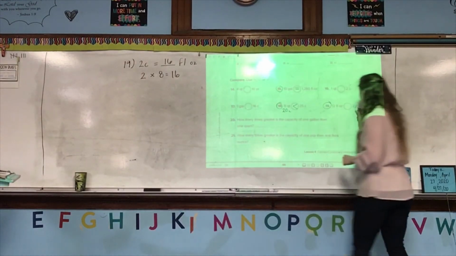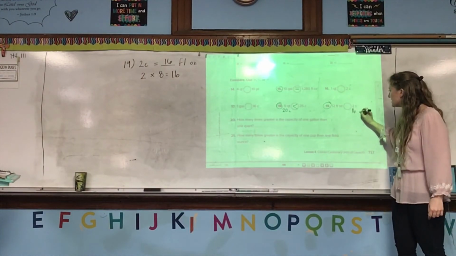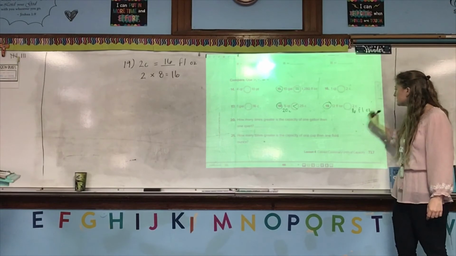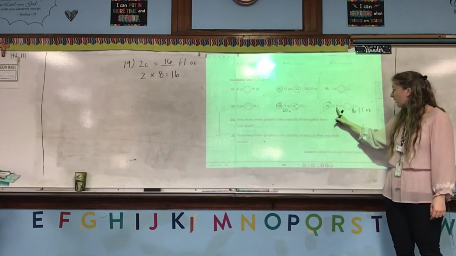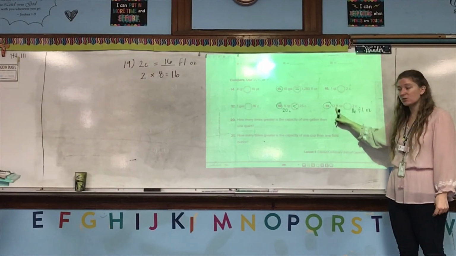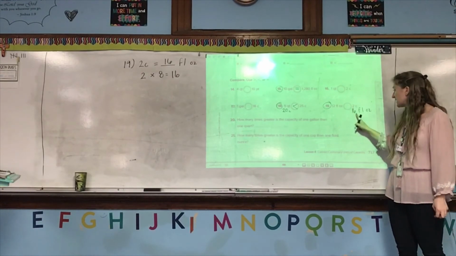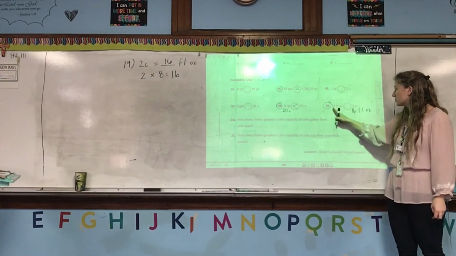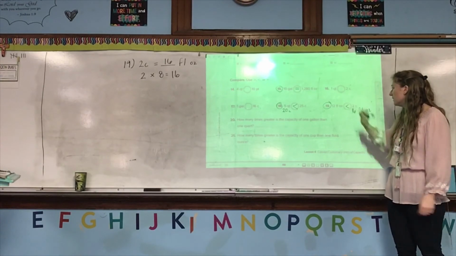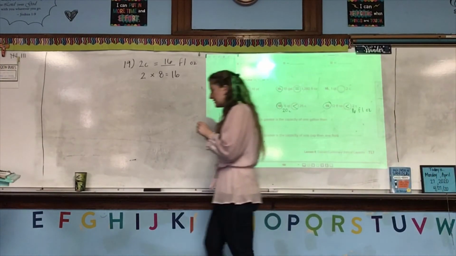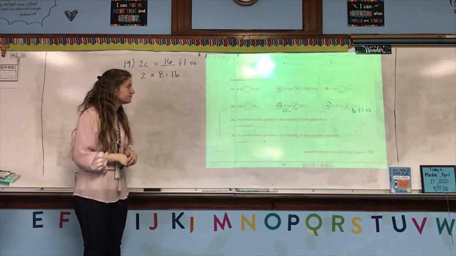So now we are going to compare. Is 12 fluid ounces greater than, less than, or equal to 2 cups, which is the same as 16 fluid ounces? Well, we know 12 is less than 16, so 12 fluid ounces is less than 2 cups.